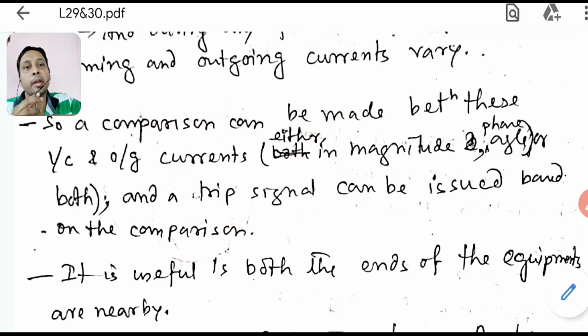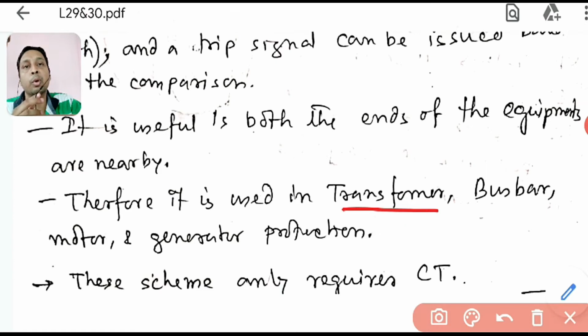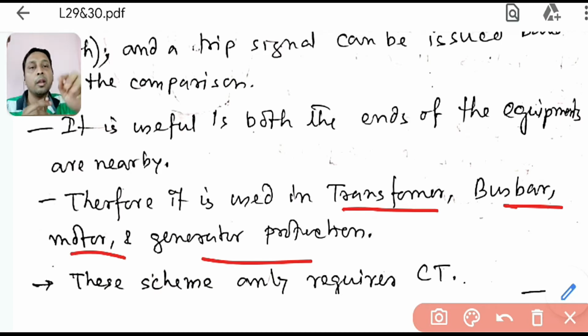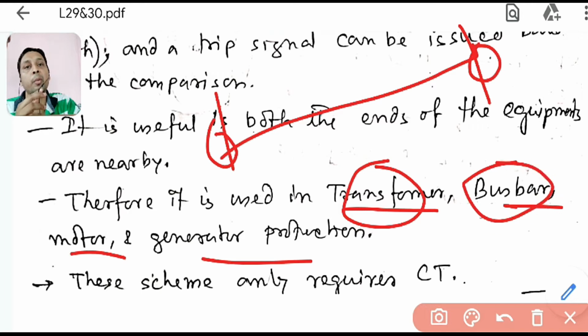That is why it is useful in a transformer, because both sides are very close to each other. Also bus bars, incoming and outgoing feeders, motors, generators. But a transmission line is long, 200 km, 400 km, 600 km. These two ends are so far apart. So differential protection schemes are useful for equipment where the end terminals are very close to each other.